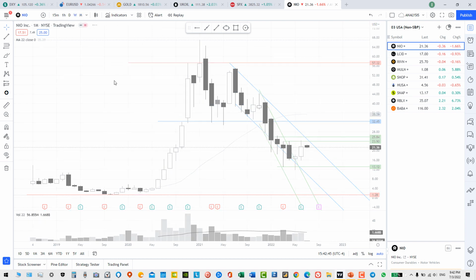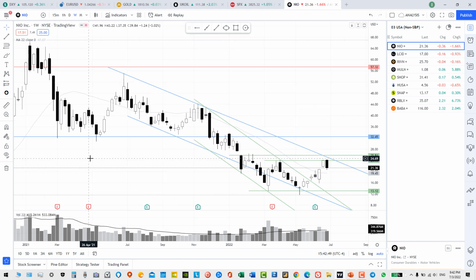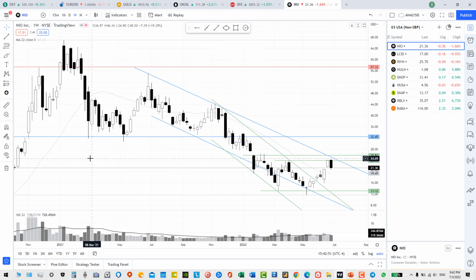Over the weekly chart, we will check the long-term picture, and it is very clear that NIO is in a valid and confirmed downtrend, consisting of lower highs as well as lower lows.